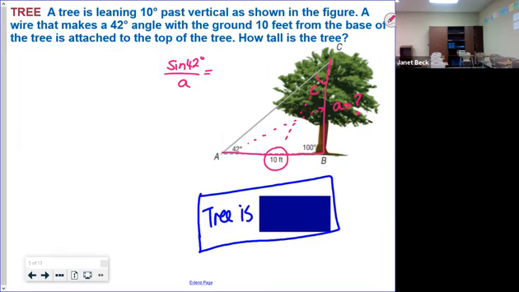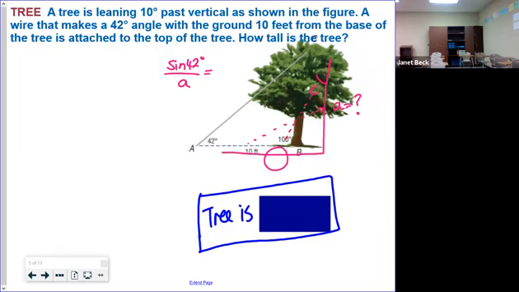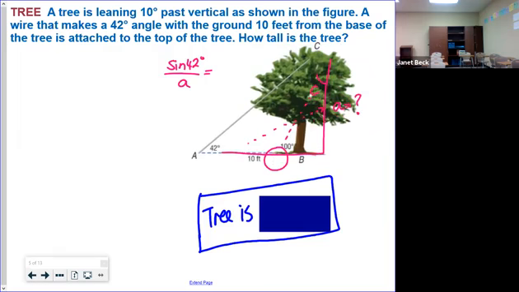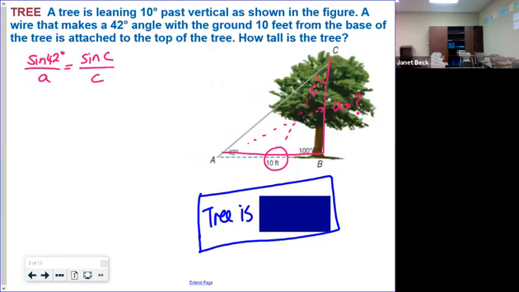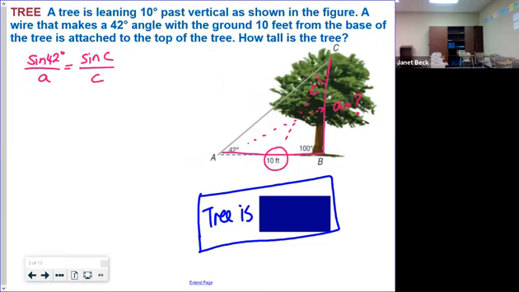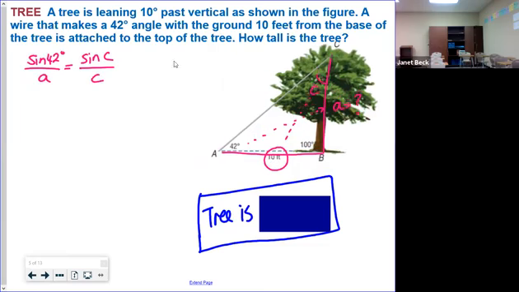It'd be nice if we could set that equal to the sine of angle C divided by C. So we have to first of all work out how big angle C is.